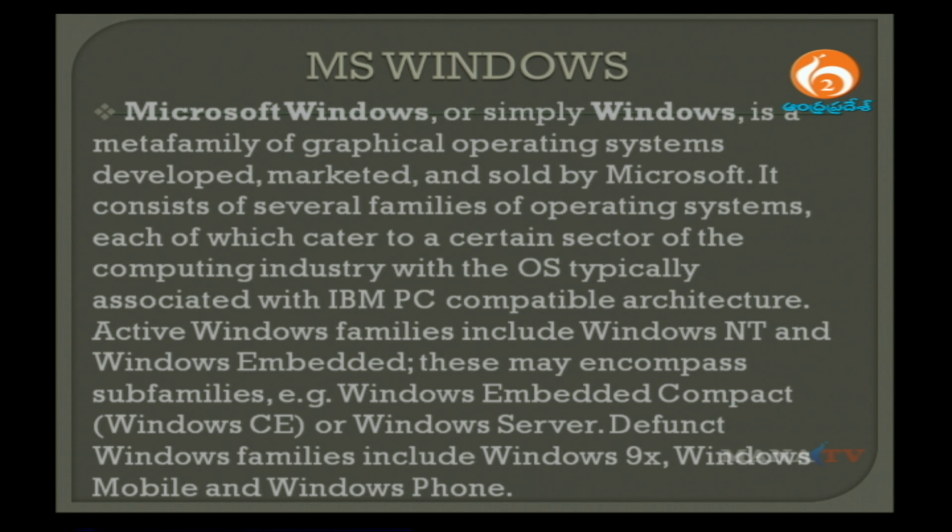It consists of several families of operating systems, each of which cater to a certain sector of the computing industry, with the OS typically associated with IBM PC compatible architecture. So just remember that. This is basically an infrastructure that gives you an overview of how to customize and modify your computer. So that is what we have seen in MS Windows today.